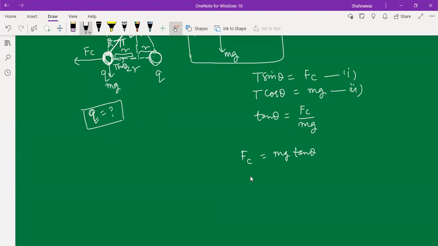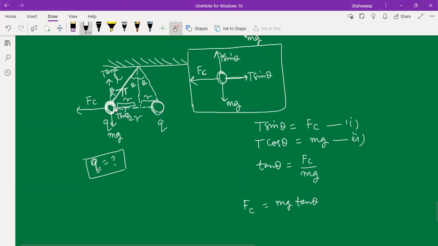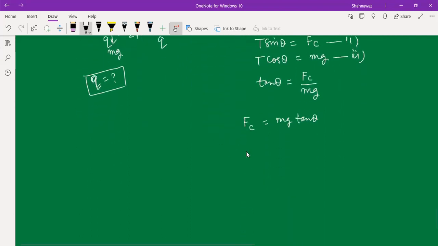And what do we know about this Coulomb force? The separation is 2r, and the charges are Q and Q. So our life is simple, right? The Coulomb force would be KQQ by (2R) square, right?